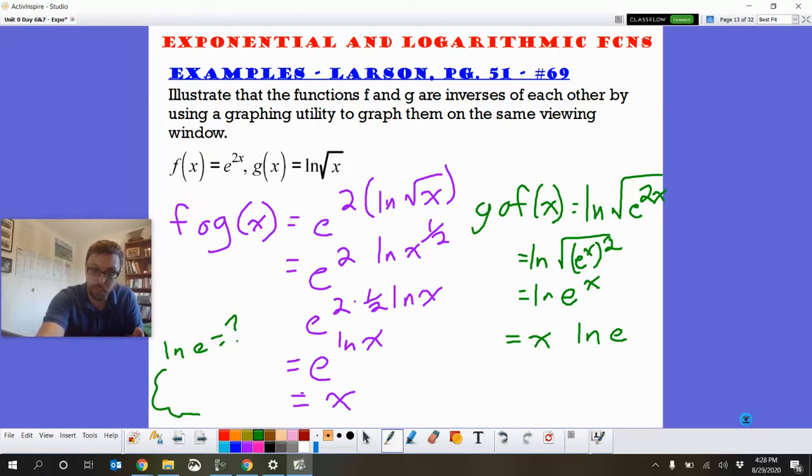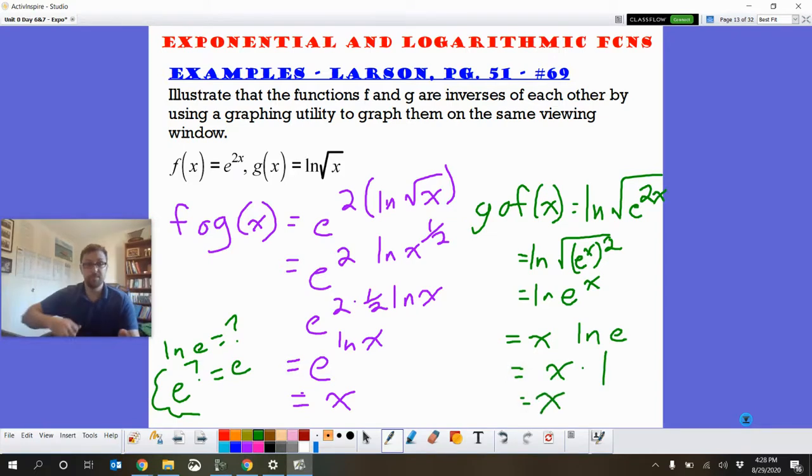You could translate that as e to the what is e, because we've got a base of e. Well, e to the 1. So that is just 1 times x. So that's just x.